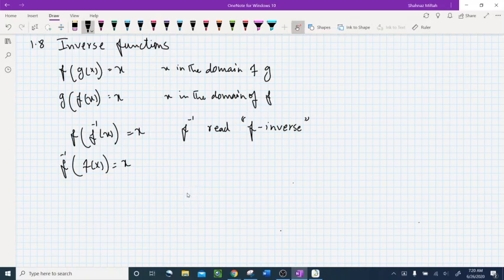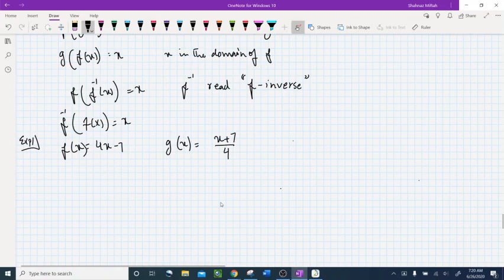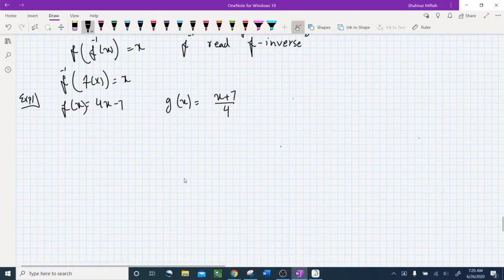Now let's verify inverse functions with some examples. Example number 1: f of x is equal to 4x minus 7, and g of x is equal to (x plus 7) over 4. The question is asking us to show that one function is the inverse of the other.